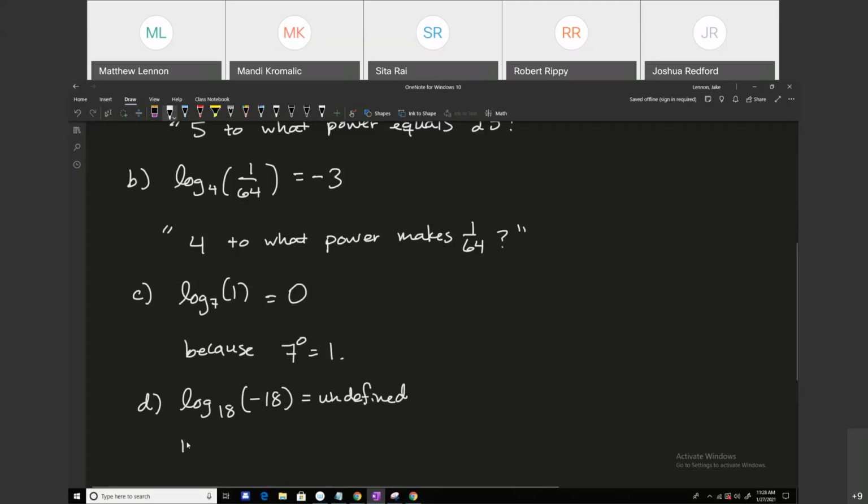The log of 0 or any negative number is undefined. So for that reason, we could say the domain of a logarithmic function is going to be the positive real numbers.